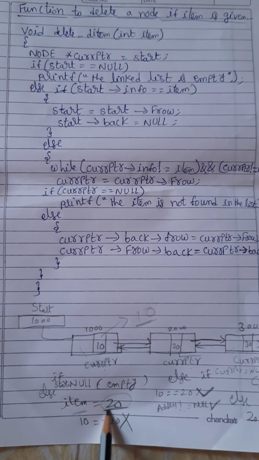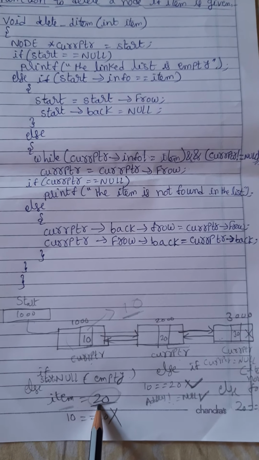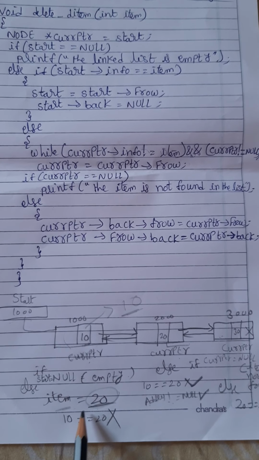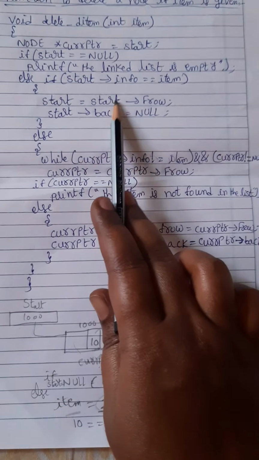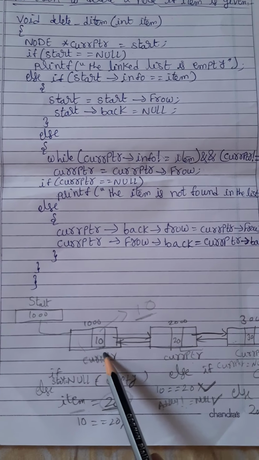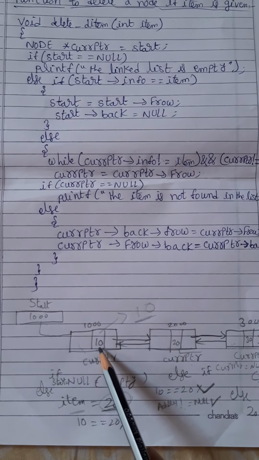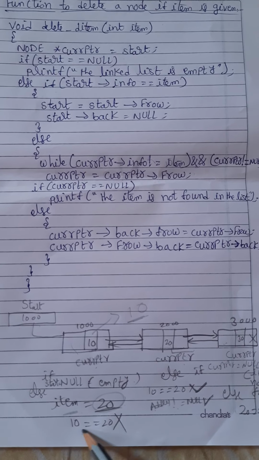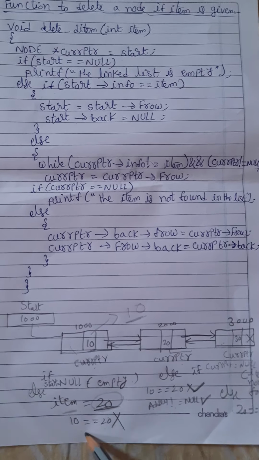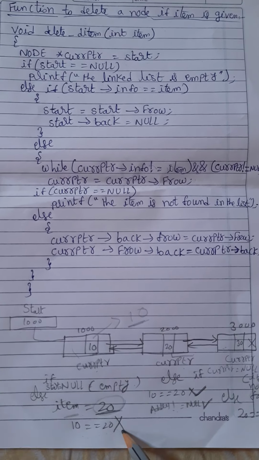For example, if we take the item as 20, and the first item, that is start to info, is 10, and we have given the item as 20. 10 equal to 20, both are not equal, so that is wrong.